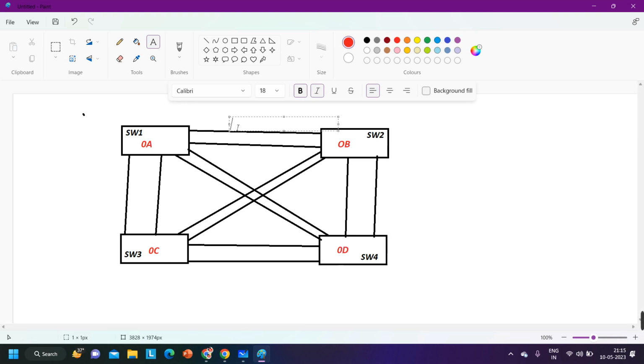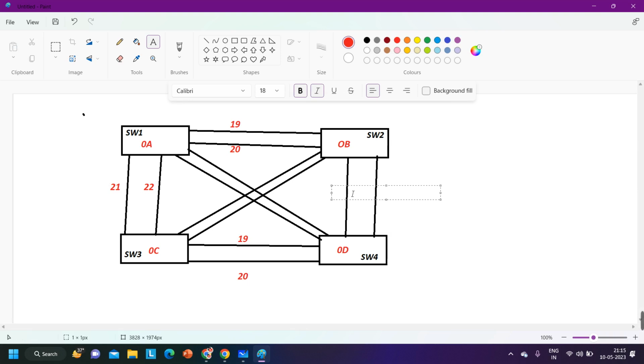Done. These are, let's say, port numbers 19 and 20, and these are 21 and 22. These two are also 19 and 20.